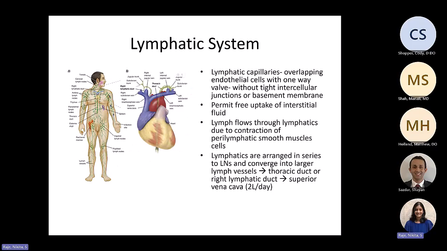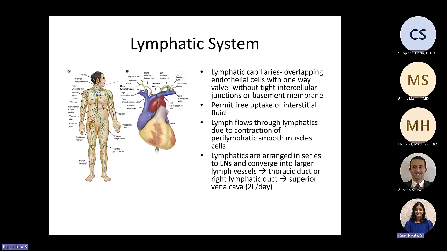The lymphatic system here is showing how these capillaries come together to overlap the endothelial surfaces with one-way valves, right? And these are basically pumping up the lymph fluid as they collect lymph from the interstitial fluid.